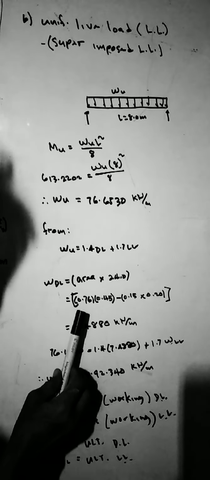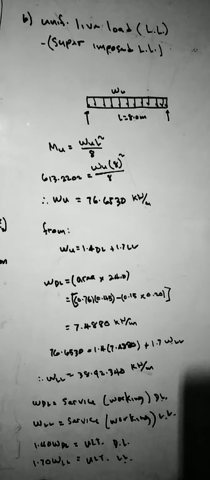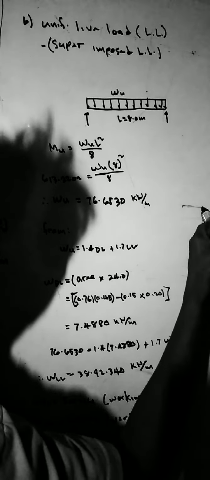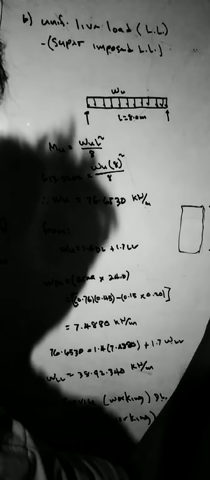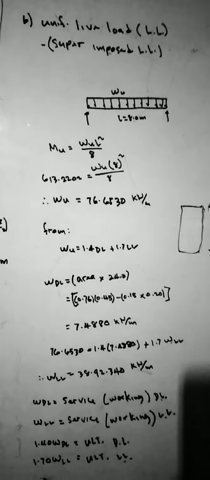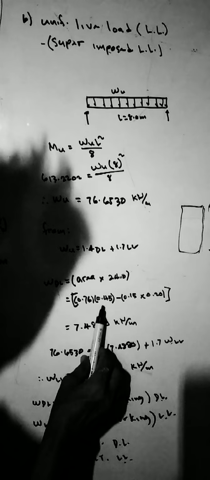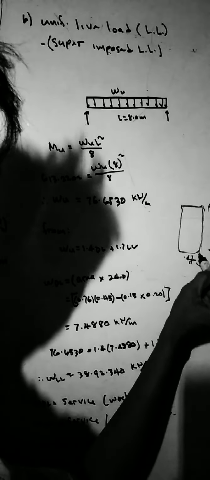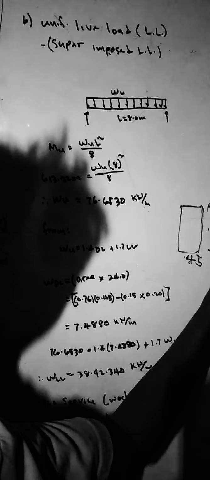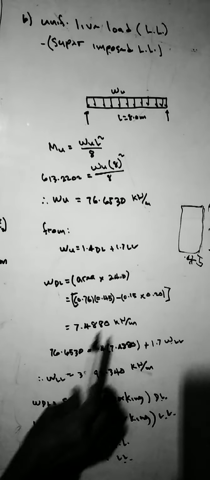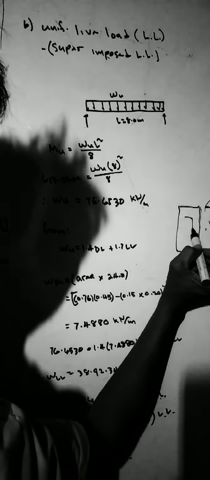The area here is 0.76, this is the total depth, 760 millimeter, so 0.76 meter, times 0.45, minus the whole area, the blank area.